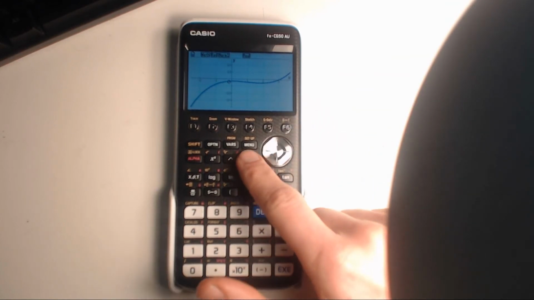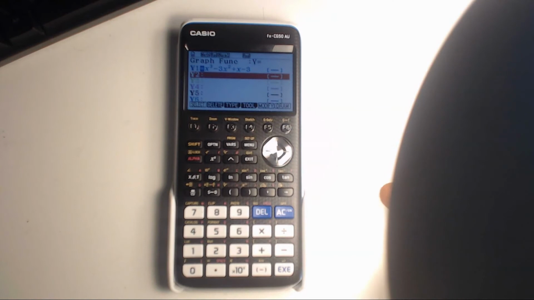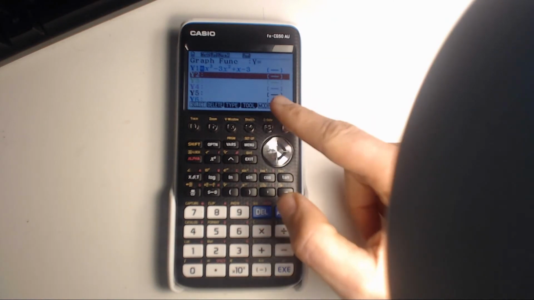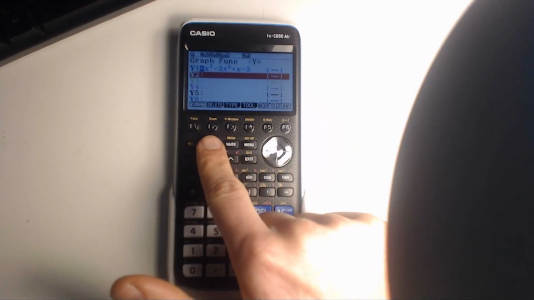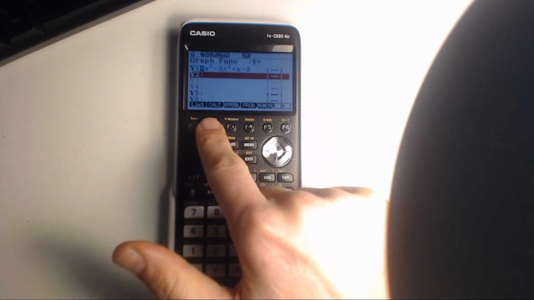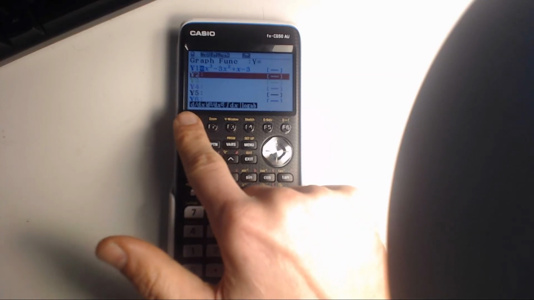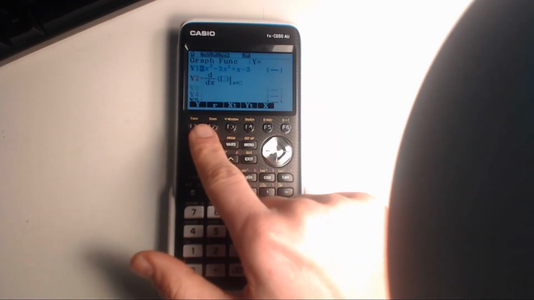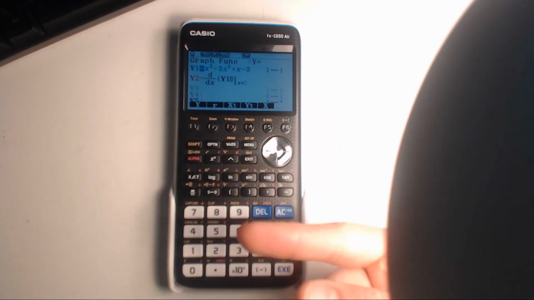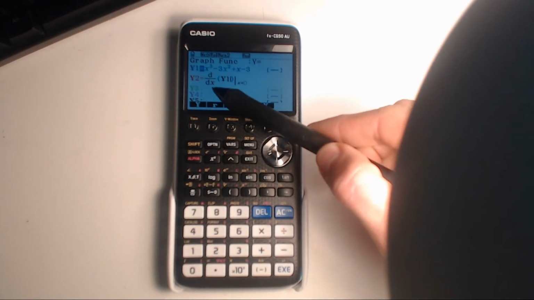So let's go back and we'll use the functionality in the calculator to find the slope of this curve. To do that, I'm going to go option, calc, and d over dx. So the change in y1 with respect to the change in x.